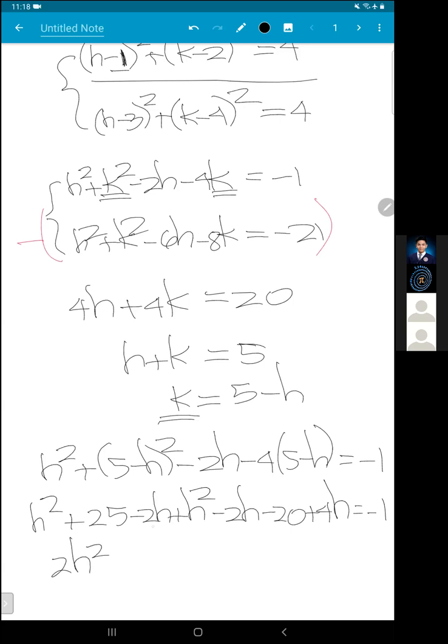And then we have negative 10h, negative 2h, and 4h, canceling out. Cancel ito. And then you'll be left with 2h squared. And then 25 and minus 20 makes 5.